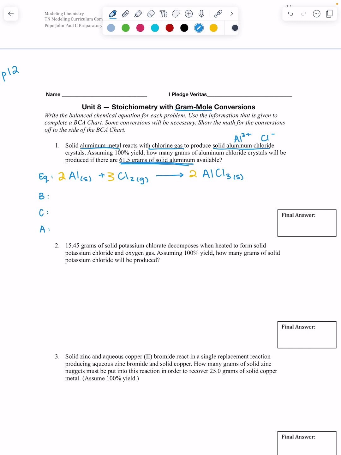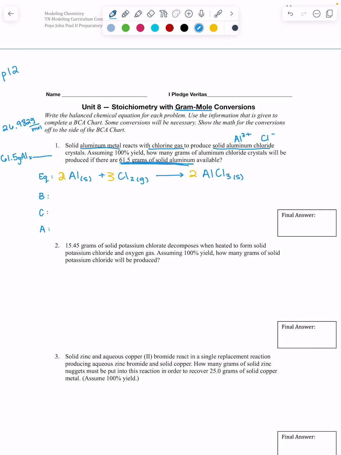And we are going to use, on the periodic table, if you remember, there is the molar mass of the elements, and that's what we're going to use to convert grams to moles. So we have 61.5 grams of aluminum, and the molar mass of aluminum is 26.982 grams per mole.